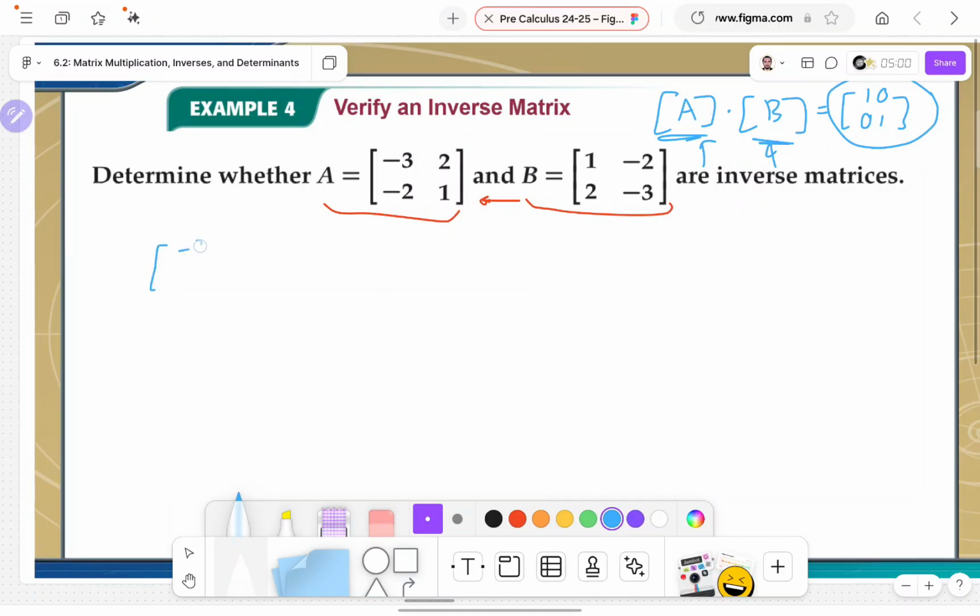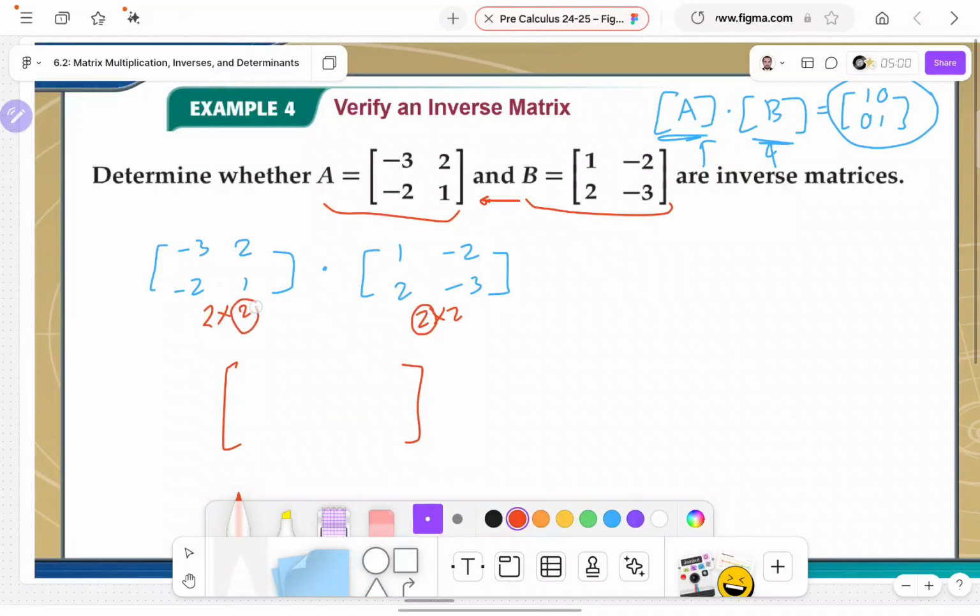So negative 3, 2, negative 2, 1, times matrix B, 1, negative 2, 2, negative 3. Let's multiply them. As I told you how to multiply them, first step, you need to identify the dimension. The dimension is 2 by 2, here is 2 by 2, so they are equal. Now the new matrix will have 2 rows and 2 columns.